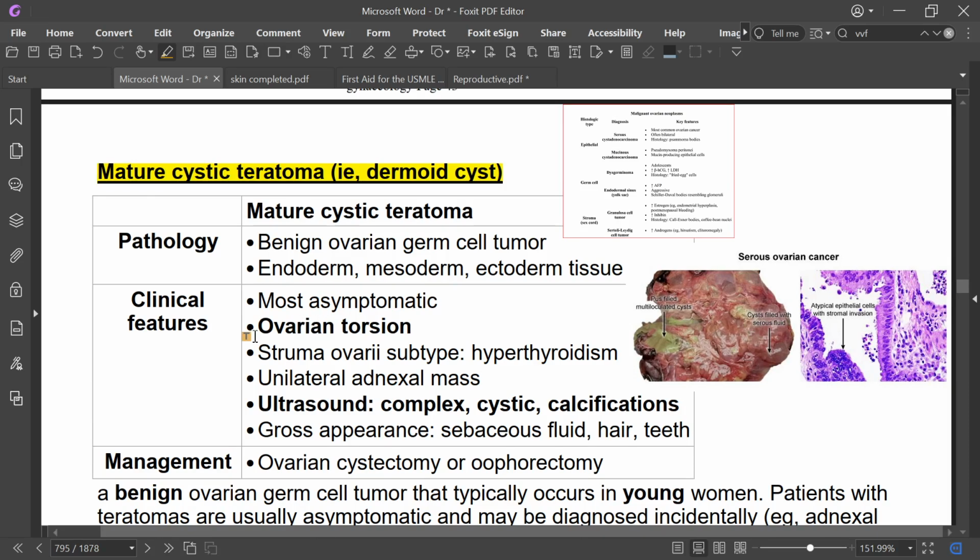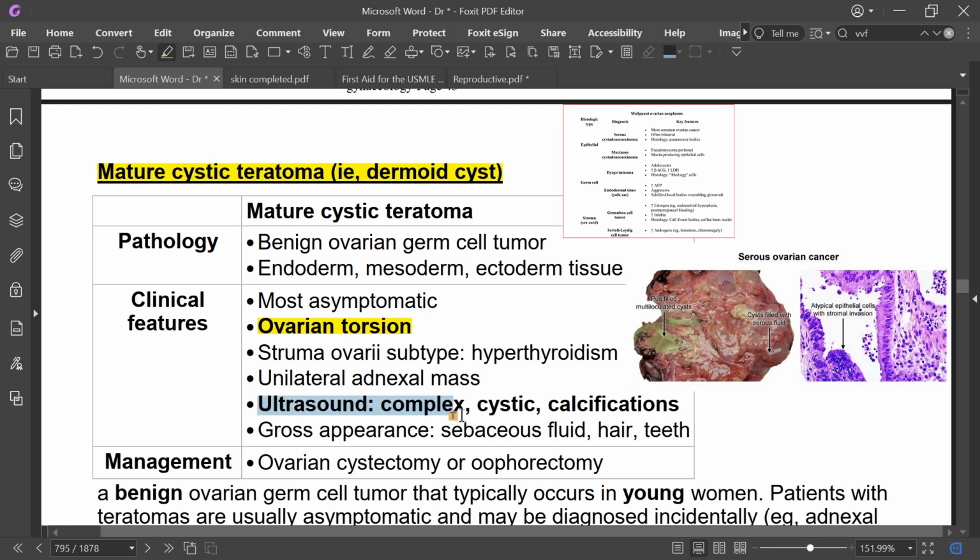It is mostly asymptomatic. A clinical feature is that ovarian torsion may happen. It may come with struma ovarii subtype and hyperthyroidism. There is a unilateral adnexal mass, and on ultrasound, complex cystic calcification.